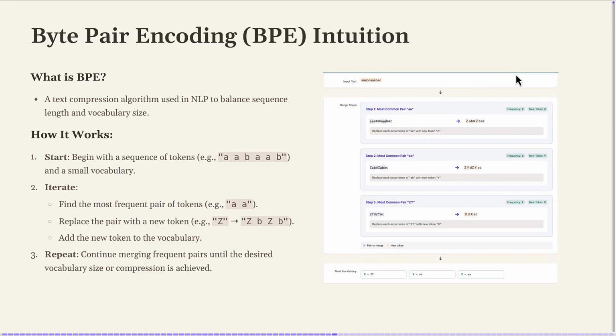Same thing, I will replace Z where there is AA. What did I do now? We decreased the sequence length, okay? And we increased the vocabulary. Look at the vocabulary, how many did I start with here? I have 1 2 3 4. I have 4 characters in the vocabulary. How many do I have now? 1 2 3 4 5. The vocabulary increased and the sequence decreased.